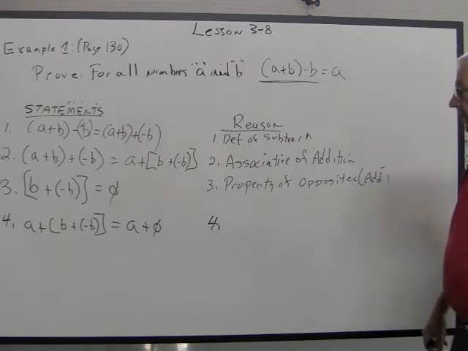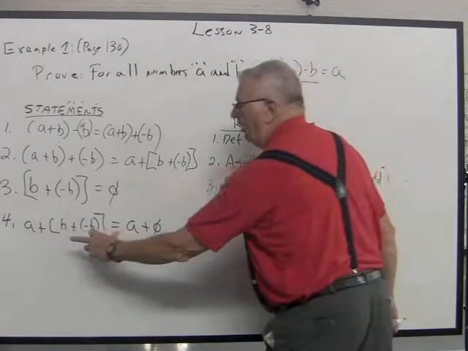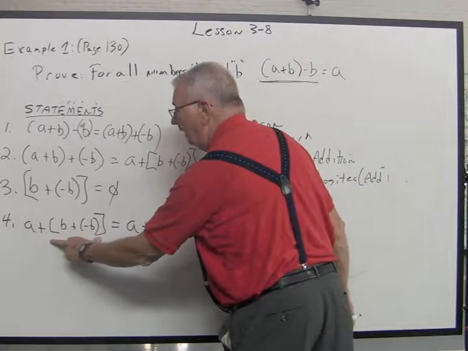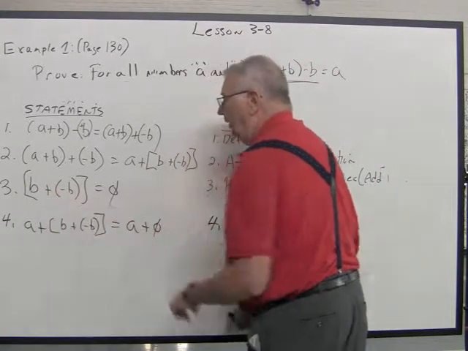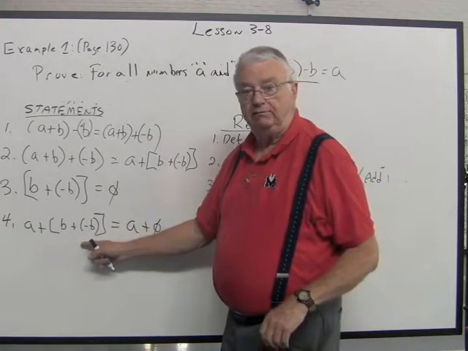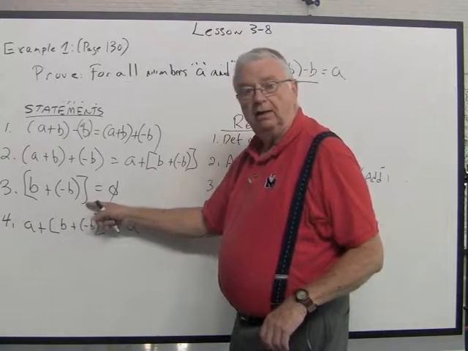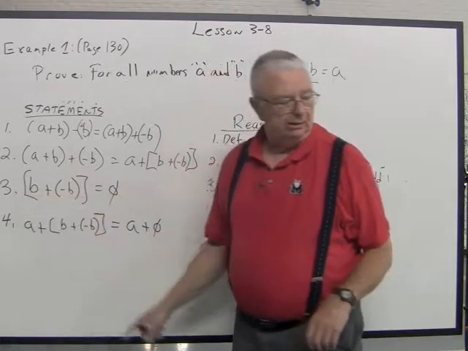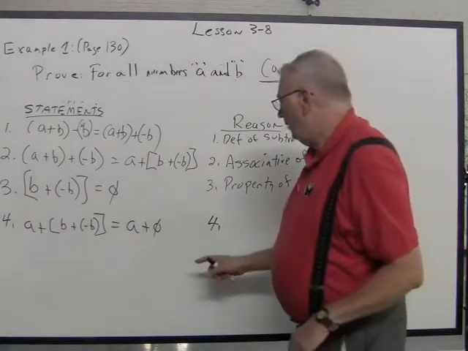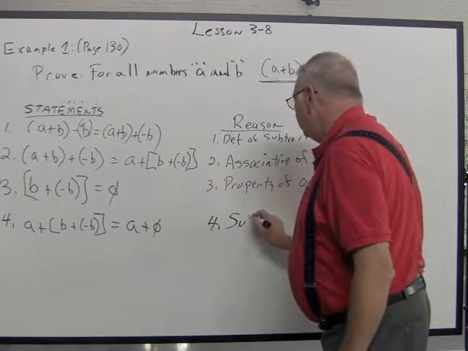Now what have they done here? Well, where they had the b plus the minus b, they're substituting 0 in for that expression here, based upon our step 3. So this is by substitution.